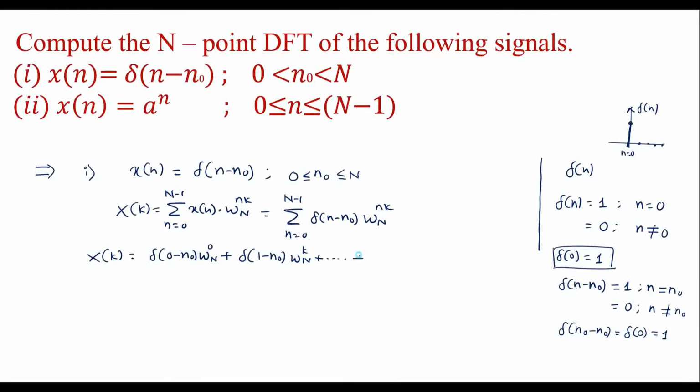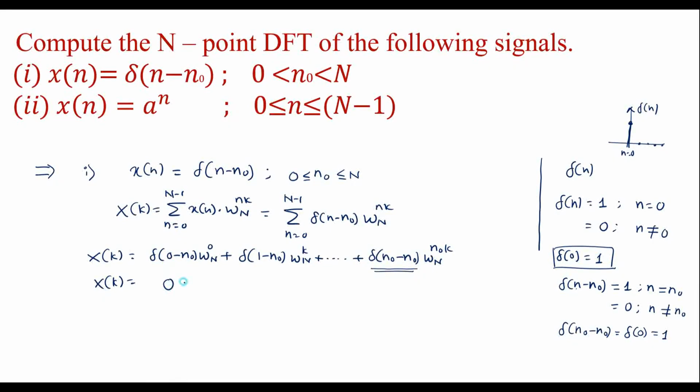Likewise, if we consider n equal to n0, I can write delta(n0 minus n0) W_N to the power n0 times k. As I said, the value of delta(n minus n0) is 1 only for n equal to n0. Here we have taken n equal to n0, so its value is 1. In all other cases its value is 0.